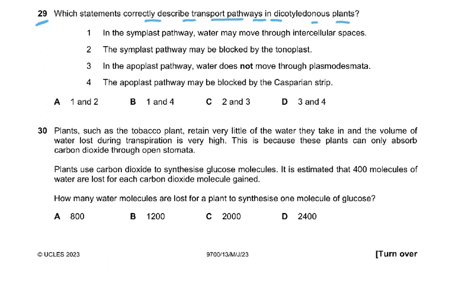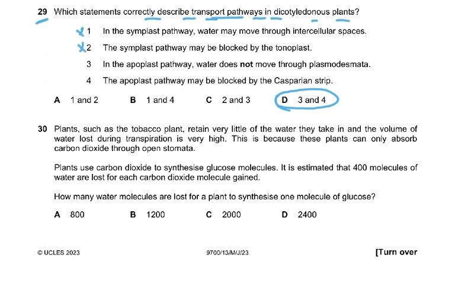Now it says which statement correctly describes the transport pathways. So it's only 3 and 4. In the apoplast, water does not move through the plasmodesmata because it moves through the cell walls. And it may be blocked by the Casparian strip. So 3 and 4 is correct. The symplast pathway is through the cytoplasm to cytoplasm. It's not blocked by the tonoplast. So 1 and 2 are wrong actually.